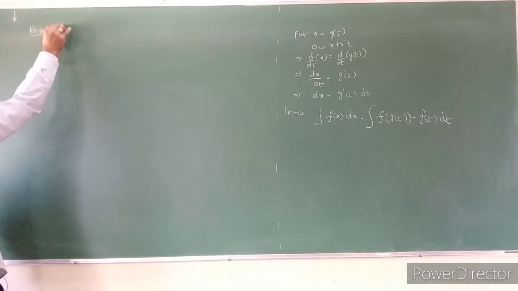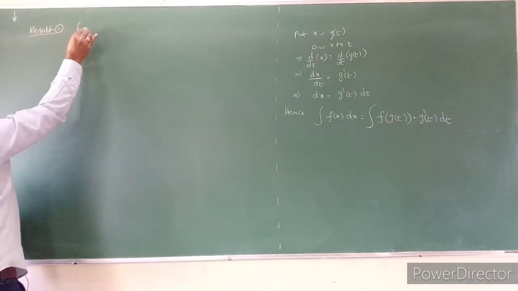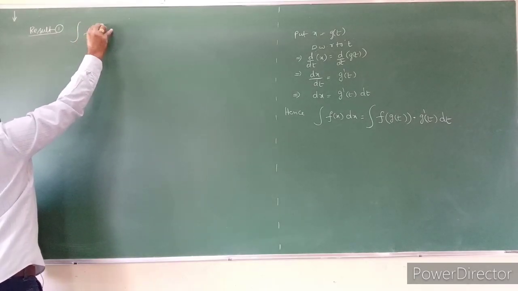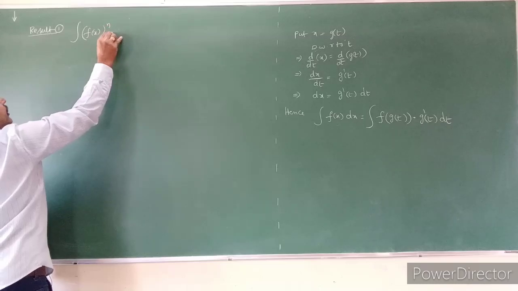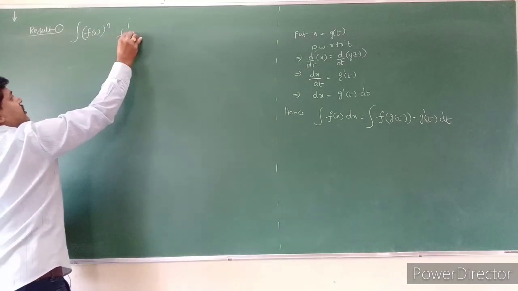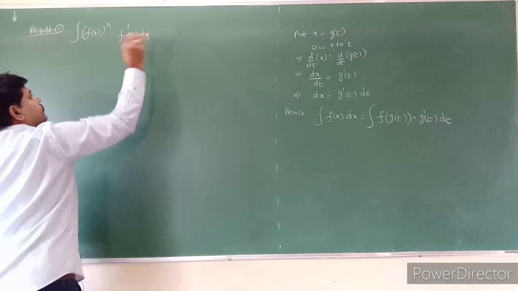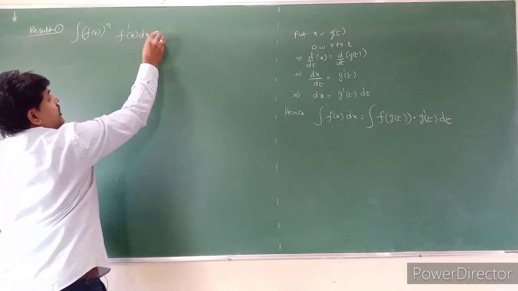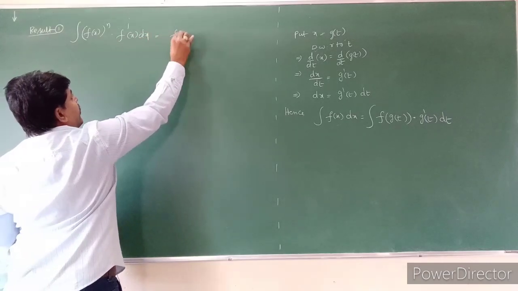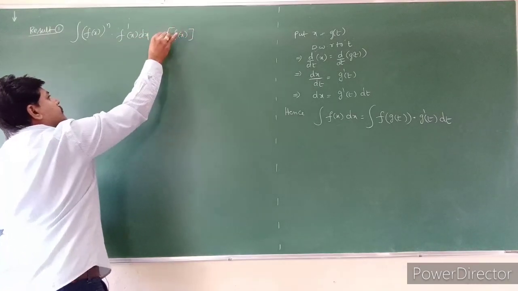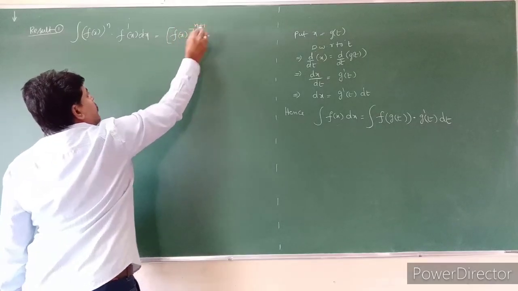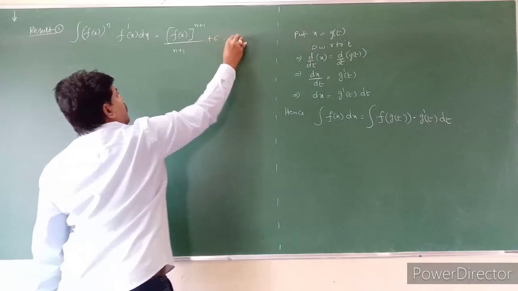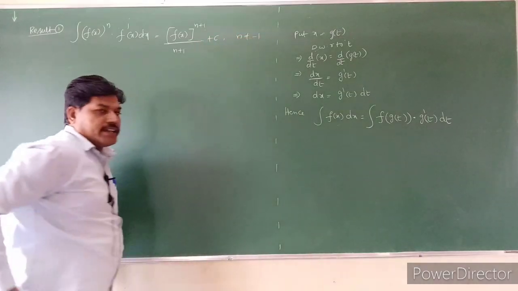Result 1: integral of f of x whole power n into f dash of x into dx is equal to f of x whole power n plus 1 by n plus 1 plus c, n not equal to minus 1.